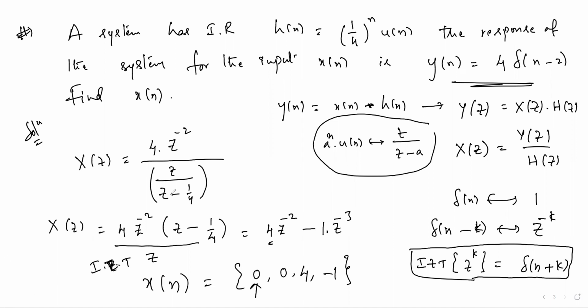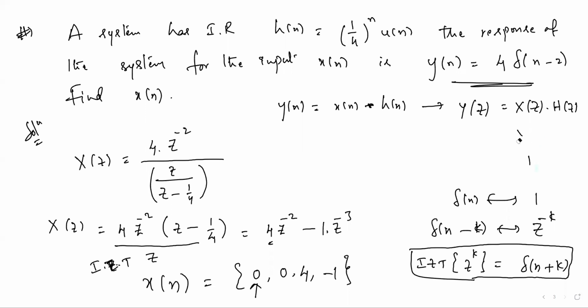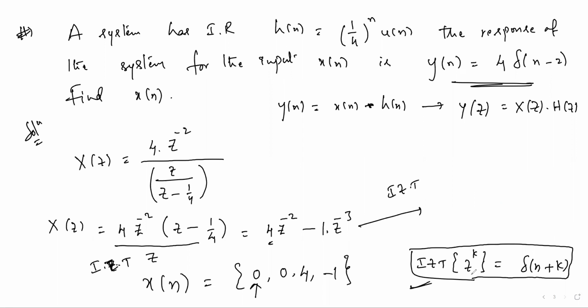In case the options are given in terms of impulse functions, what can you do? What is the inverse z transform of this in terms of impulse functions? The inverse z transform of z to the power of minus k is del of n minus k.